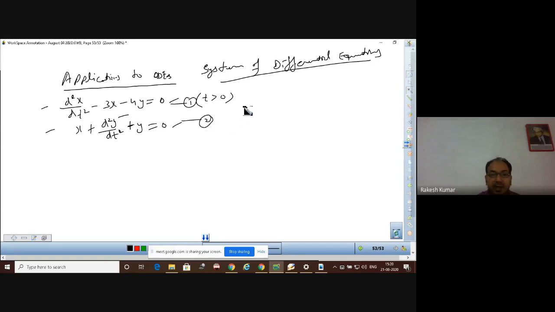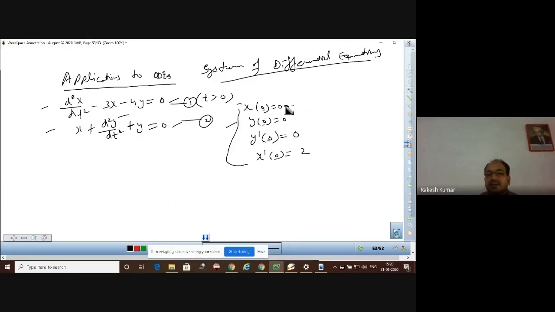Now for solving this, we have been given conditions. x is 0 at t is equal to 0, y is 0 at t is equal to 0, and dy by dt is 0, meaning y dash 0 is also 0, but x dash 0 is 2. Now, in the bracket, this is the value of t. T is 0. Means to say that all these are initial conditions.